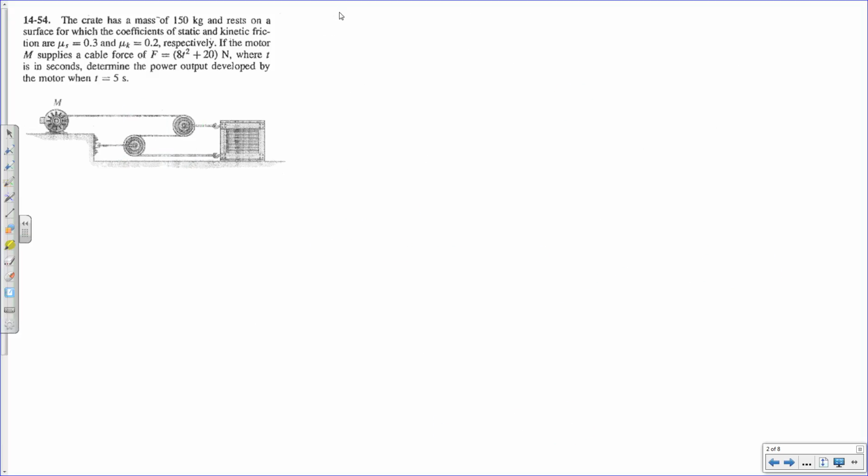So this happens when the pulling force, 3 times t squared plus 20, becomes exactly equal to our static friction force, which we said was 441.45 newtons.